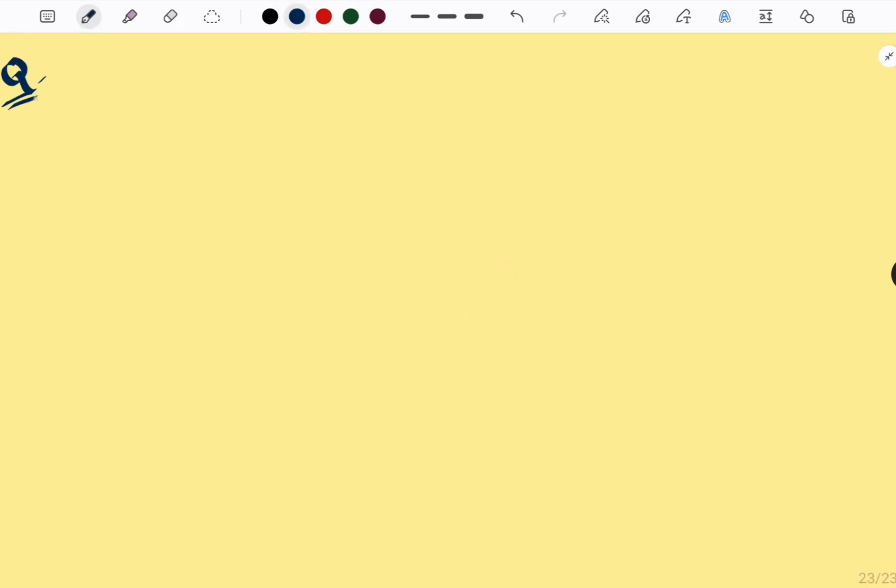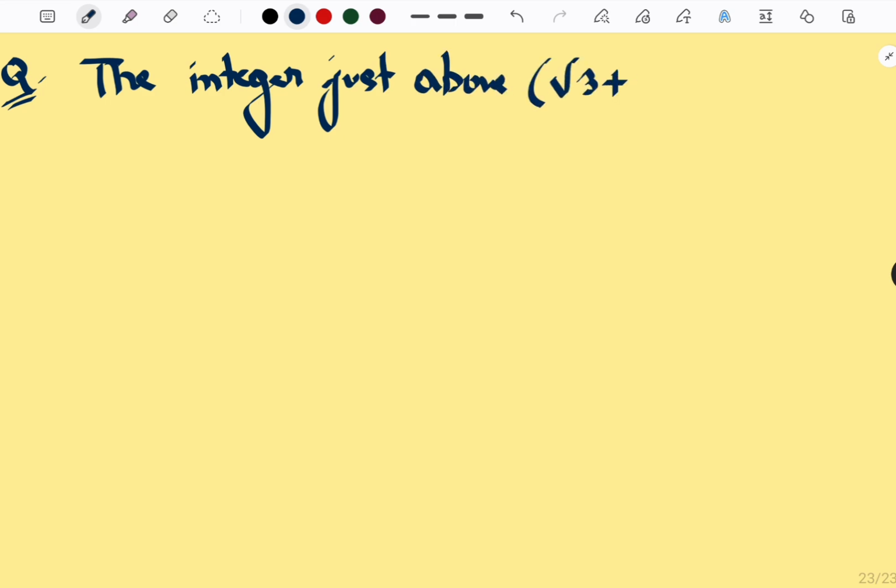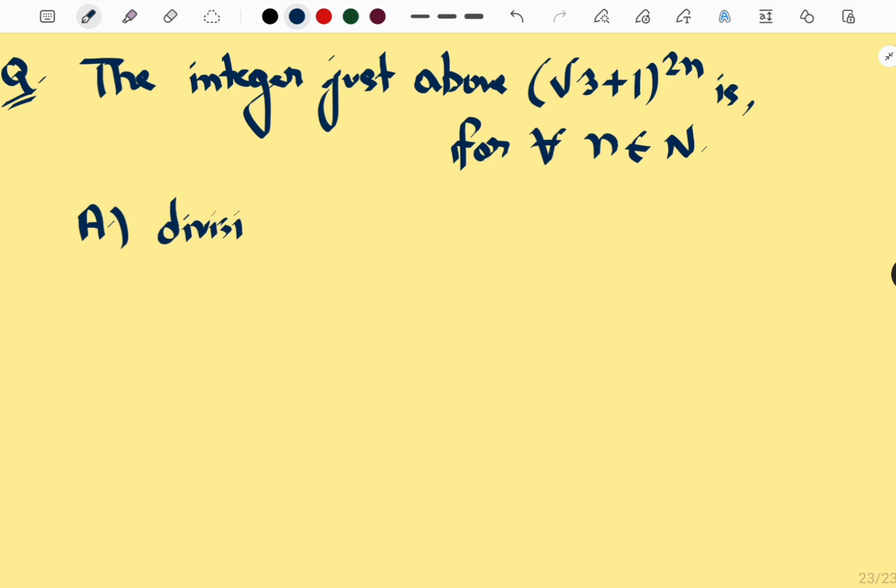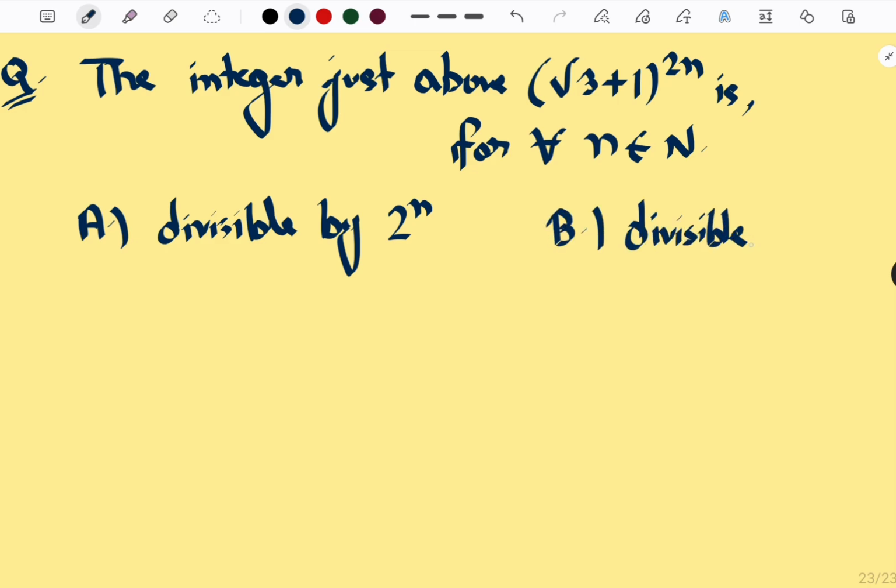Last question of this topic: the integer just above (root 3 plus 1) to the power 2n, for all n belonging to natural numbers, is a) divisible by 2 to the power n, b) divisible by 2 to the power n plus 1, c) divisible by 8, d) divisible by 16.